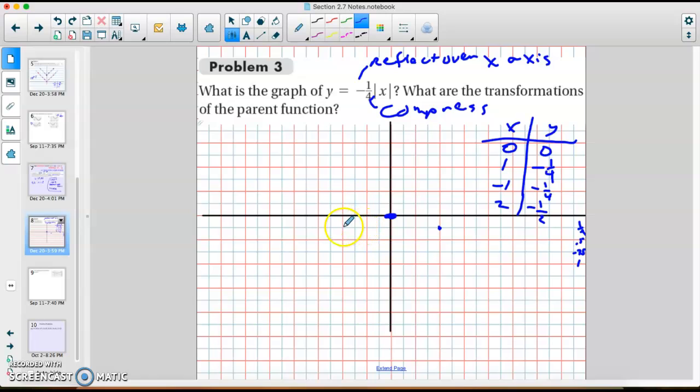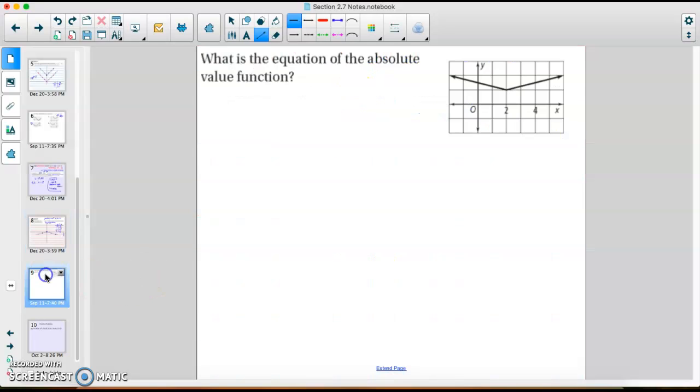Again, 1, 2, 3, here's 1. The red lines are a half, remember. Then we go over to 2, and then we're going to go down to a half. Okay, and then we can just make our line from here. So you see how it's a lot squattier, and the negative sign flips it over the x-axis.